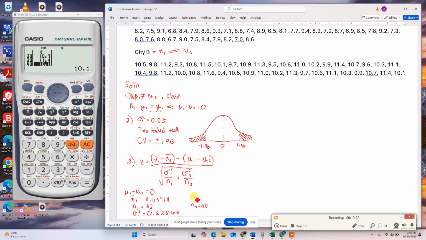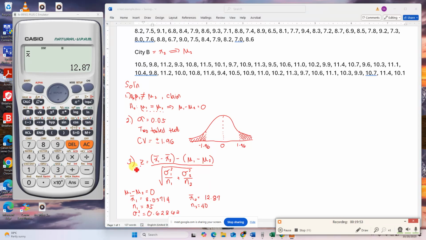So for this case, we can now get our sample mean 2. For the sample mean 2, we just press AC, shift 1, 4, and then 2. So we have now our mean of 12.87 exactly.